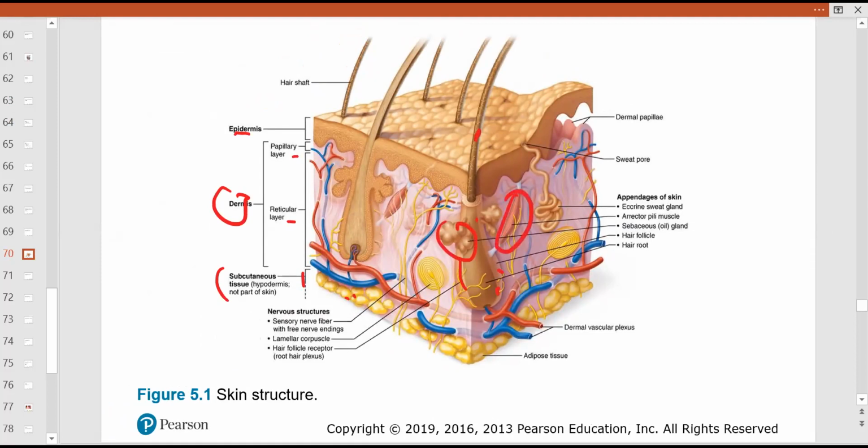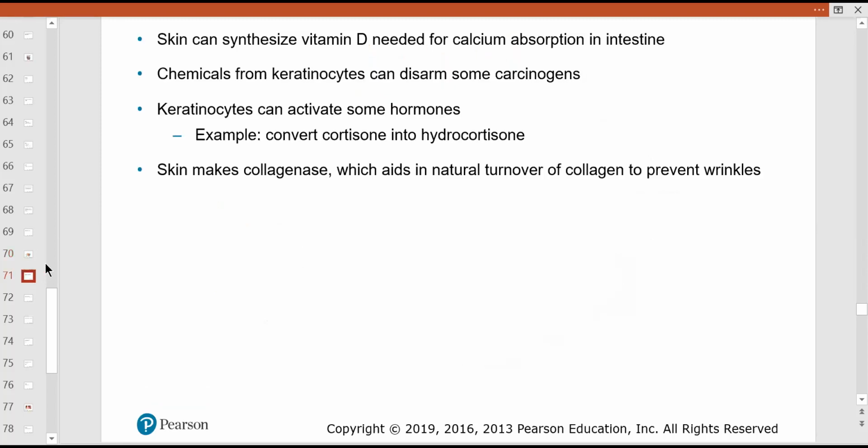Then you have your sweat glands. This is your lamellar sensory receptors or corpuscles. Here's another one. These are nerve endings. These are more motor. And these are nerve endings up in here for pain, temperature. Free nerve endings, actually. Sweat pore. So that's the big part of it.